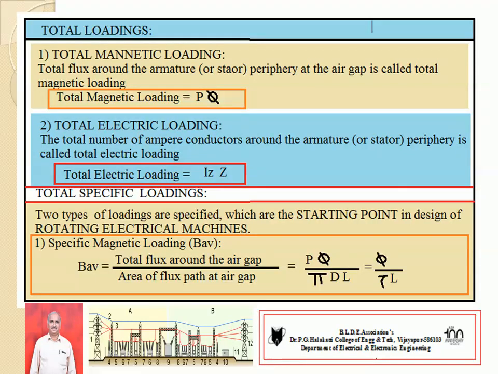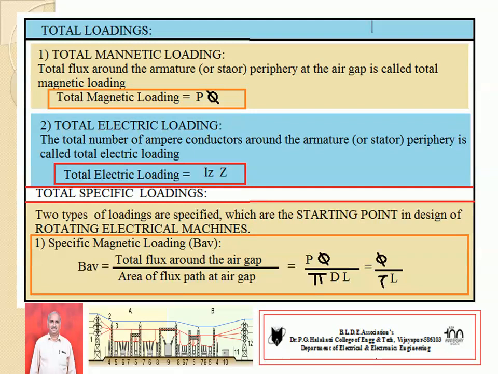That means total flux available in the air gap, in a simple manner. Hence, if a machine has 4 poles, then phi is the flux per pole, and total magnetic loading is 4 times the flux per pole, 4 phi. In general, if the machine has P number of poles, total magnetic loading is P phi.